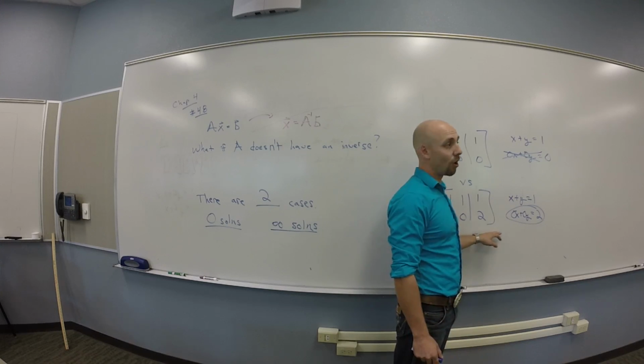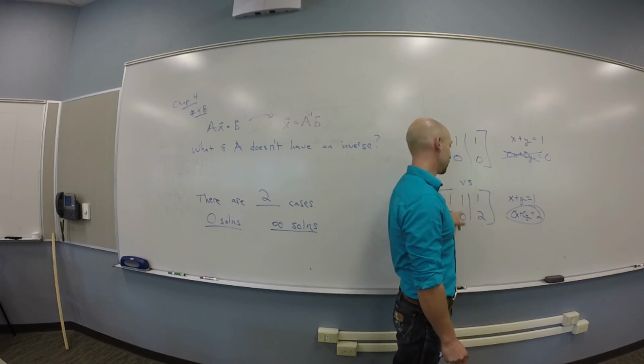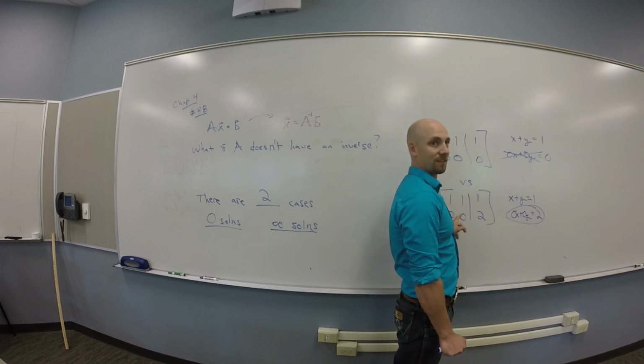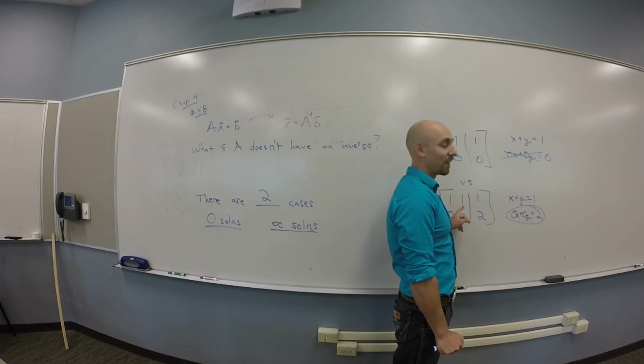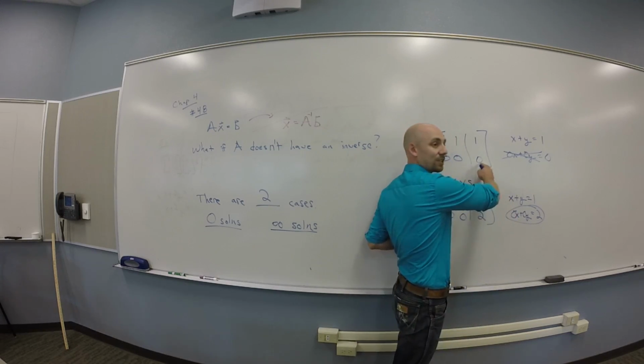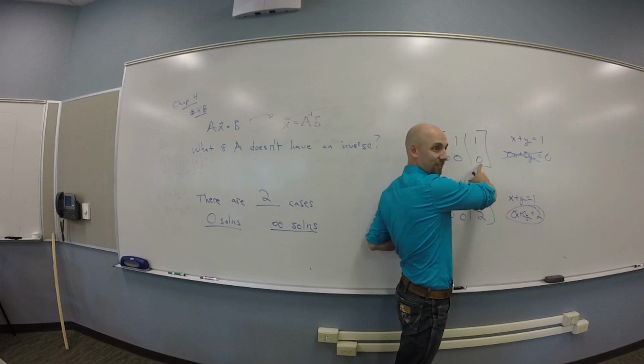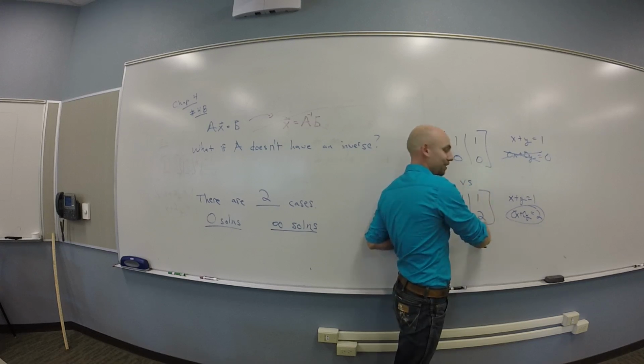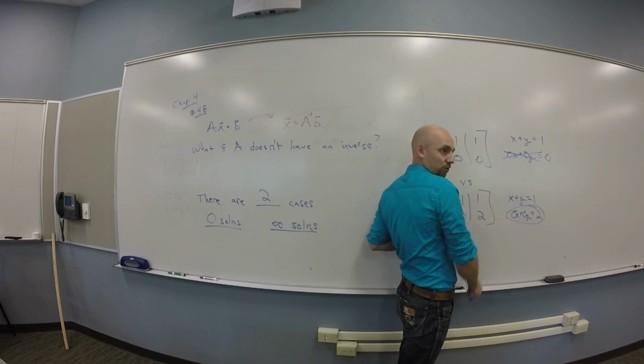Augmenting? Yeah, I could augment and then try to get the identity matrix on this side. That isn't going to happen in a case where I don't have an inverse. But where I get a statement that's always true, a row of zeros, that's an infinitely many solutions case. And where I get a statement that's always false, that's 0 solutions.